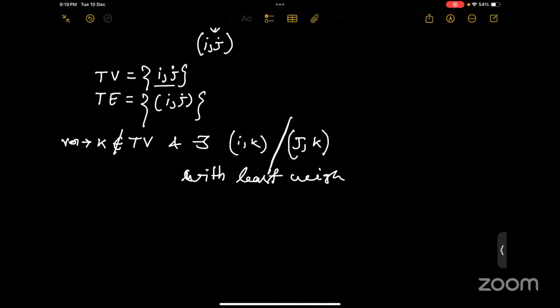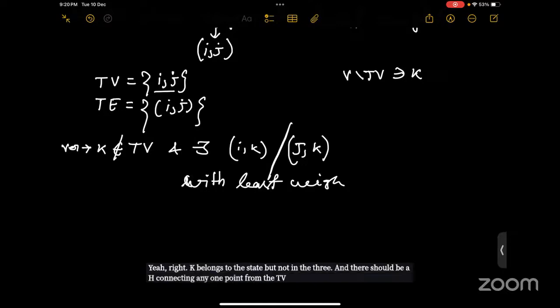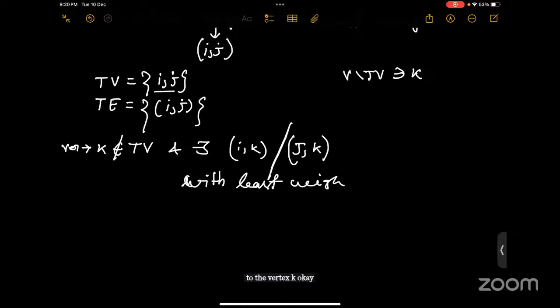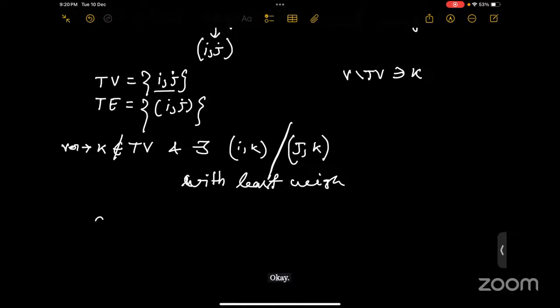K is another vertex from the set, but not in the tree. And there should be an edge connecting any one point from TV to the vertex k. Then we will consider the one which has the least weight, and we will add k to our TV and the new edge to the TE.